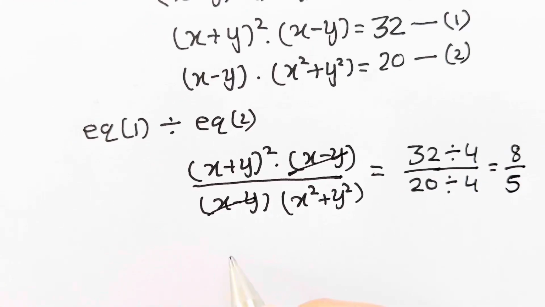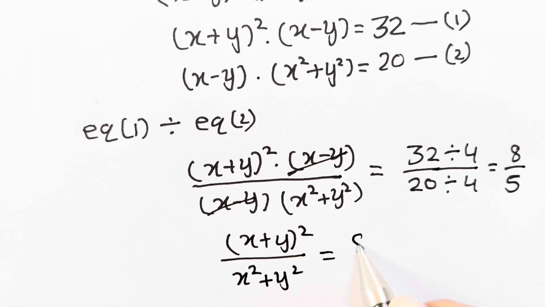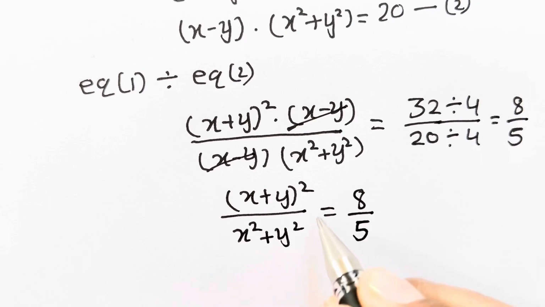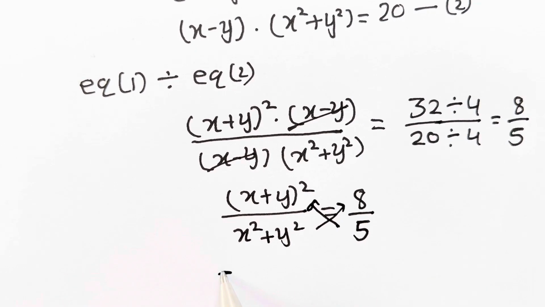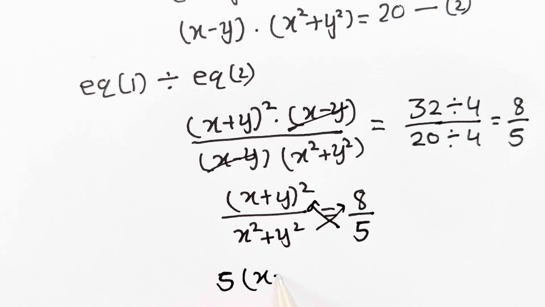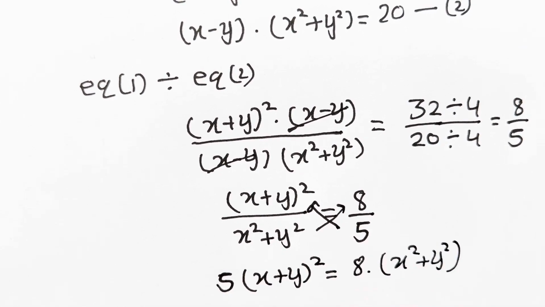So what is left? x plus y the whole square divided by x square plus y square is equal to 8 by 5. Now from cross multiplication we will get 5 into x plus y the whole square is equal to 8 into x square plus y square.